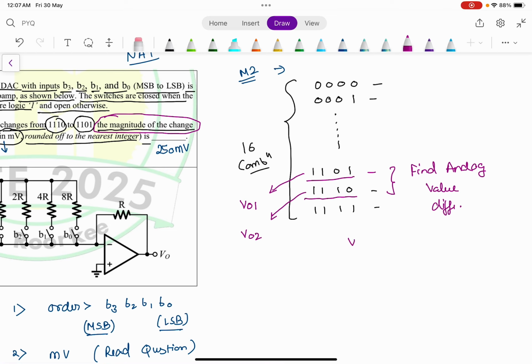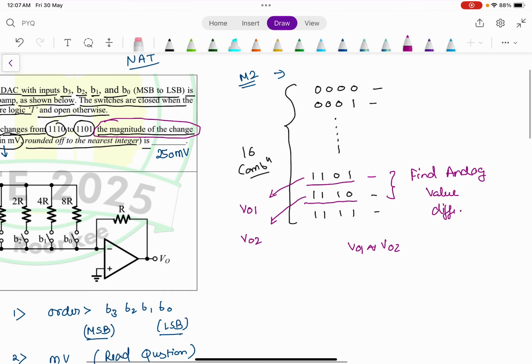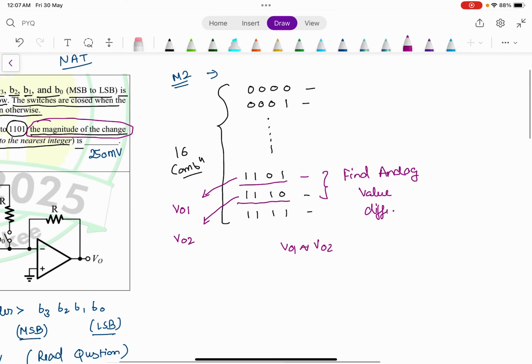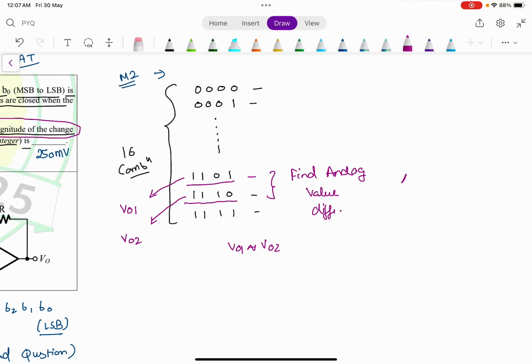So we need V01 minus V02, whichever is greater. This is nothing but finding the difference between the two. The most important thing is the step size between the two bits. It would always remain the same.